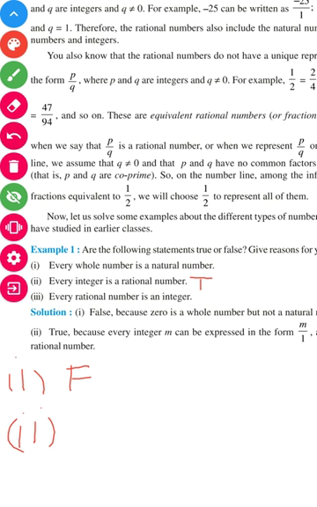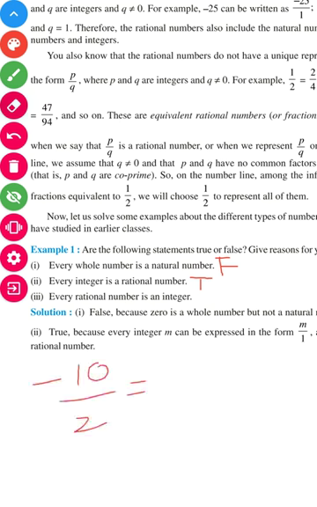Every rational number is an irrational number. Wait for a while. Every rational number is an integer. No. Let me explain. We know that every integer is a rational number, but not all rational numbers are integers.